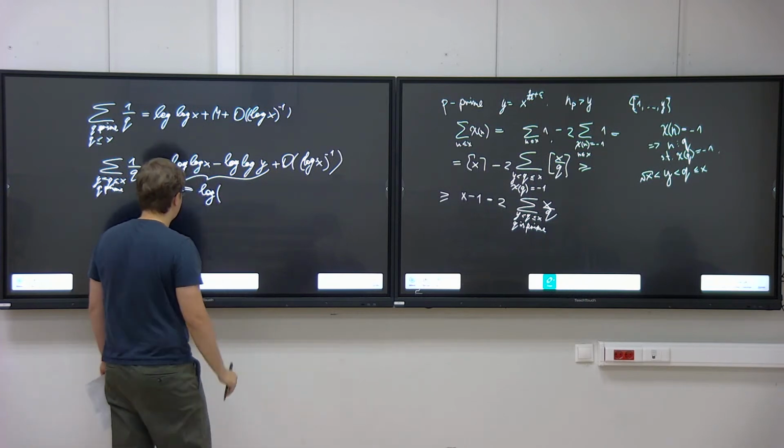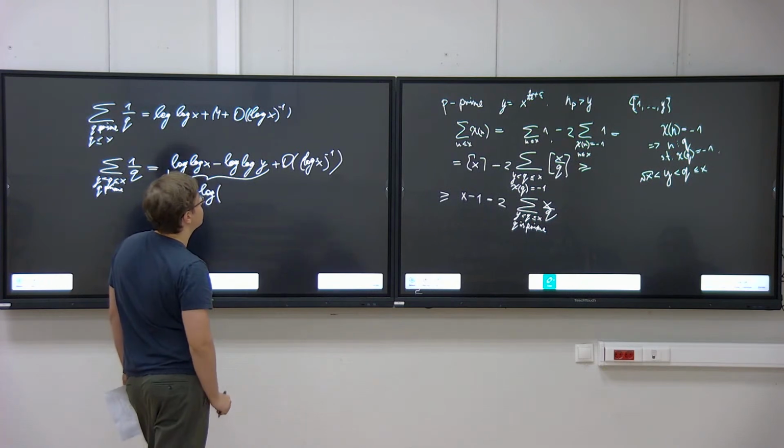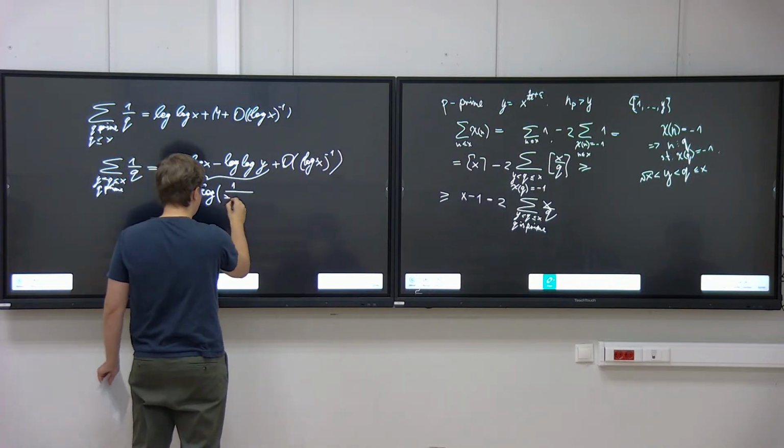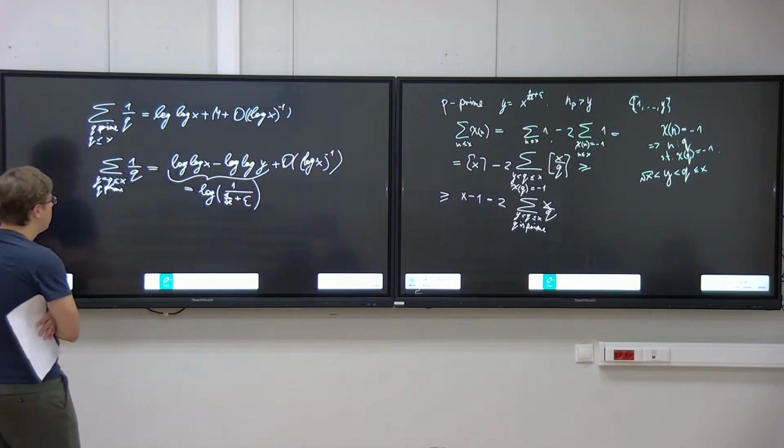Да, хорошо, можно так: лог x делить на лог y. А это у нас, соответственно, примерно 1/2 логарифм 1 делить на эту константу, 1 делить на корень из y, плюс эпсилон. Так? Правильно будет?